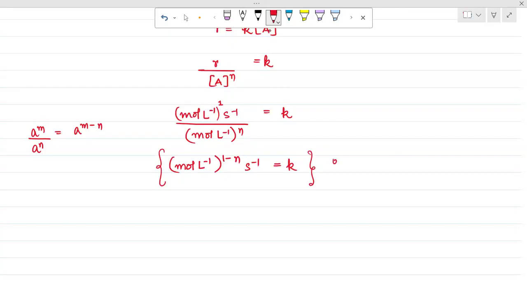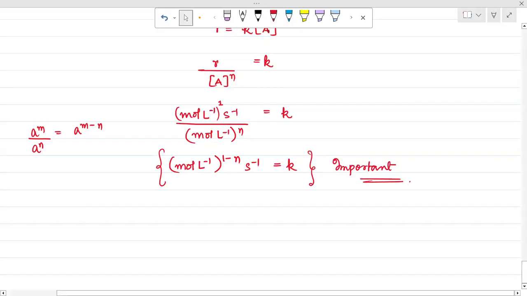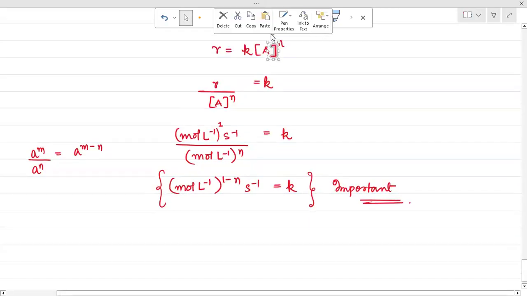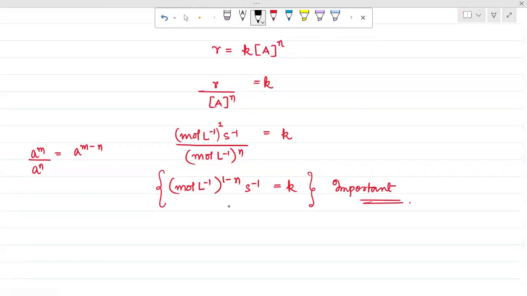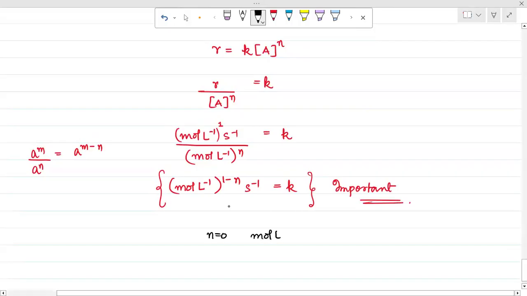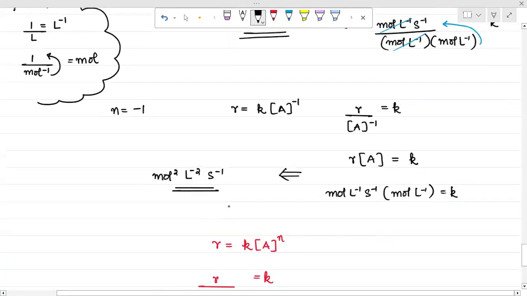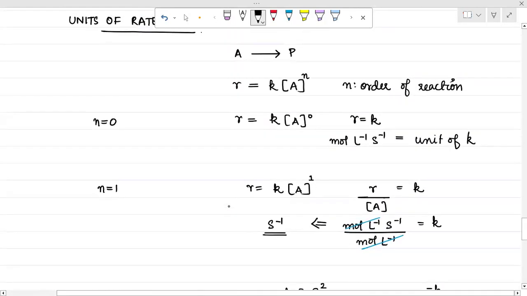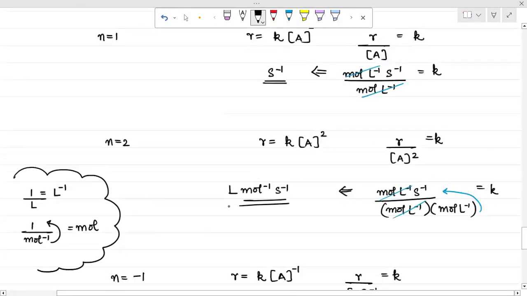Important. Okay, important. It's going to be highly useful. You can try putting the value of n as equal to 0 if you want. If you put n equal to 0 over here, it becomes moles per liter per second, which is the unit of rate constant for a zero order reaction. You have already written it over here, moles per liter per second.